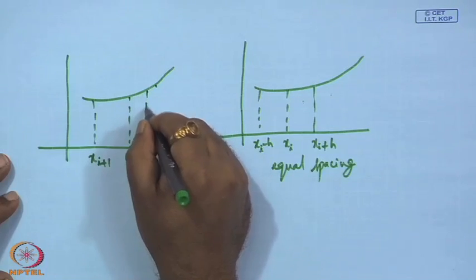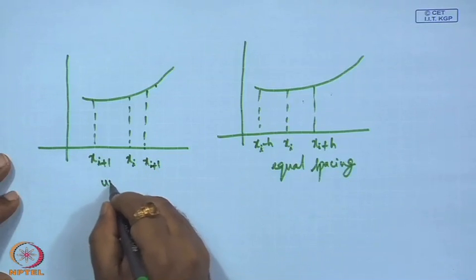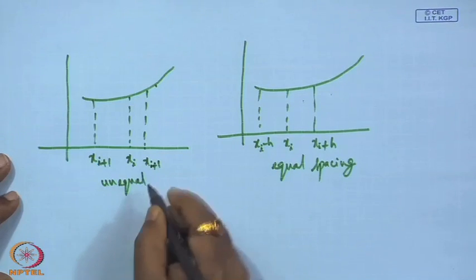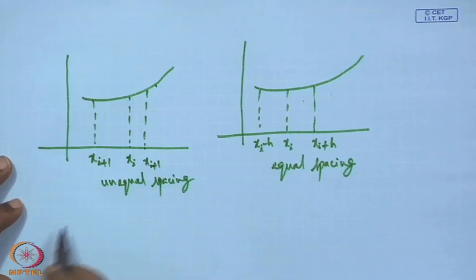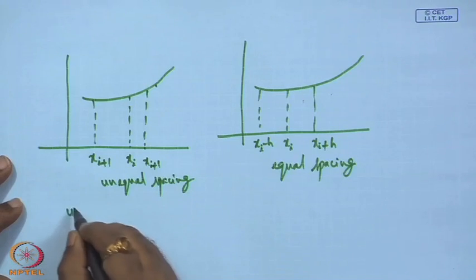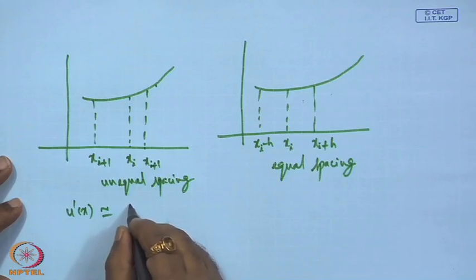Okay. Unequal spacing. So, this approximation can be generalized. Okay.